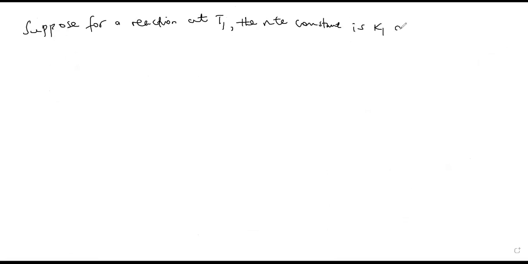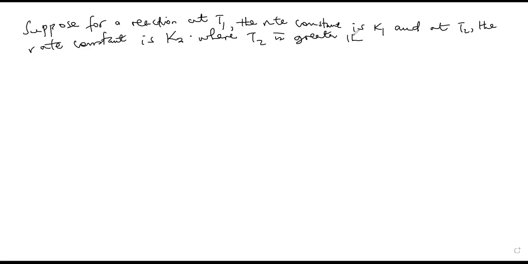I'm going to say, if we suppose a reaction at T1, the rate constant is K1, and at T2, the rate constant is K2, where we shall assume that T2 is greater than T1, and thus K2 is greater than K1.